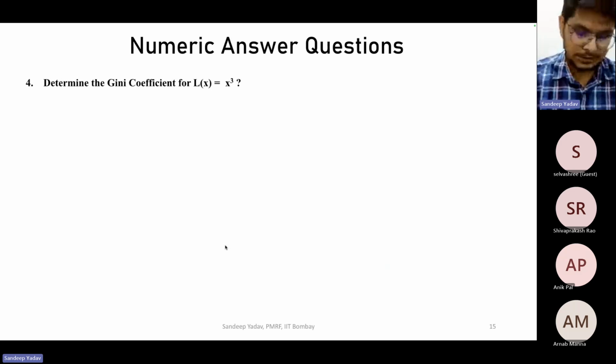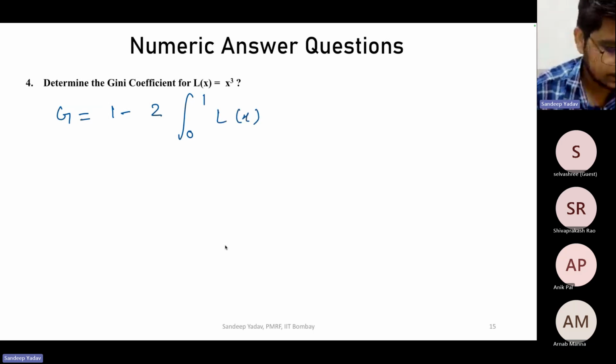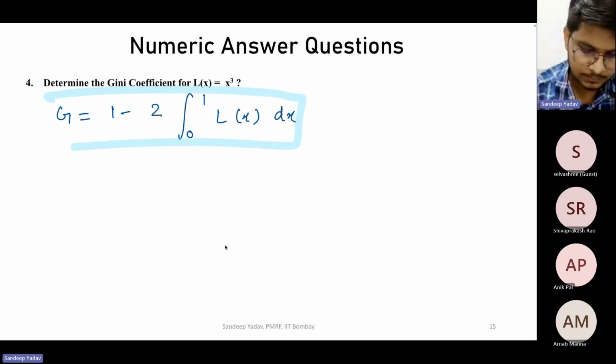Let's see what is the formula of the Gini coefficient. We have seen in the class, G is equal to 1 minus 2 integral from 0 to 1 of L(x) dx. So this was the standard formula for calculating the Gini index.